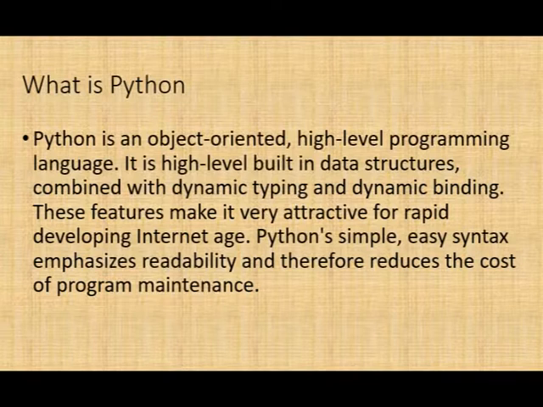Python is also good for use as a scripting or glue language to connect existing components together. Python's simple, easy syntax emphasizes readability and therefore reduces the cost of program maintenance.